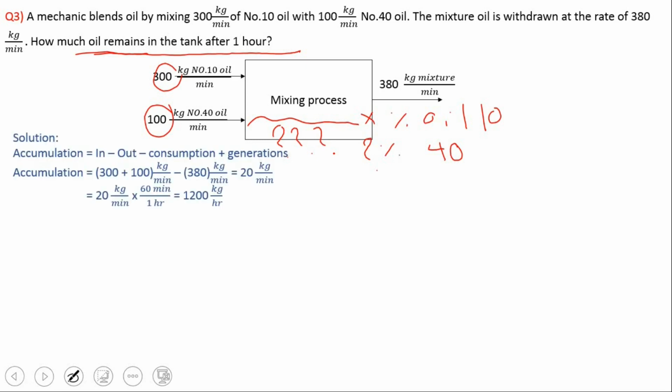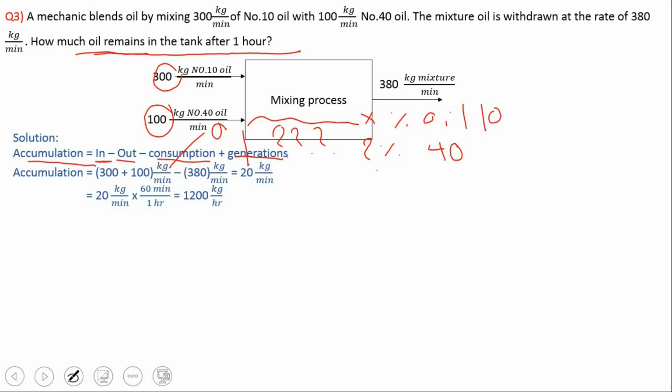From our general material balance equation, we know that the accumulation equals the input minus the output minus the consumption plus the generation. In this specific example, we don't have any chemical reaction, so there is no consumption and no generation.